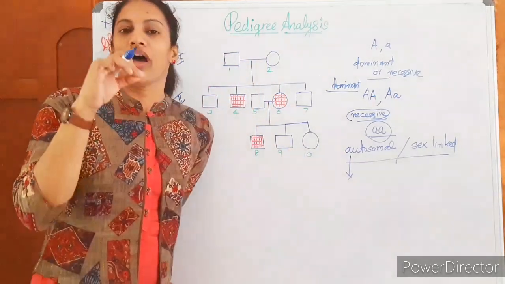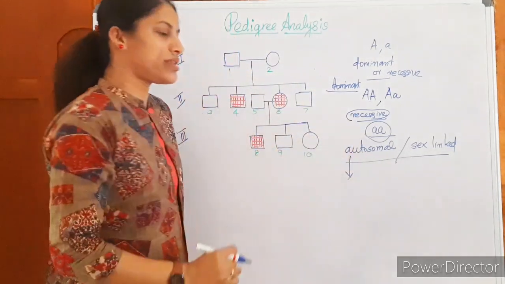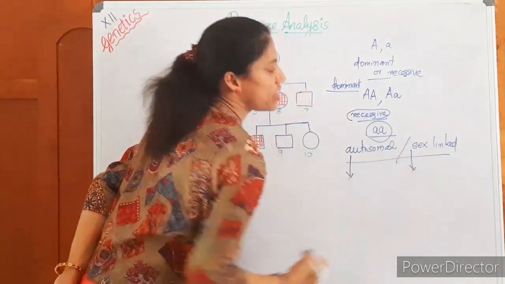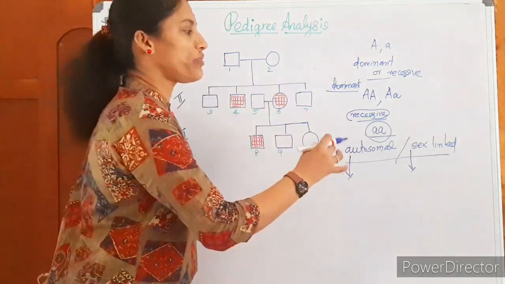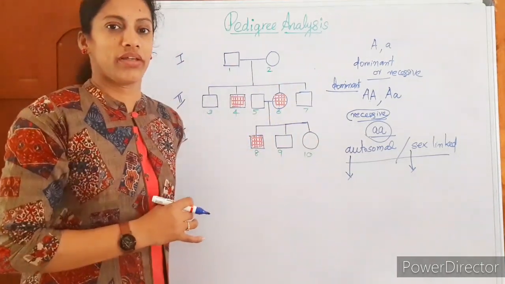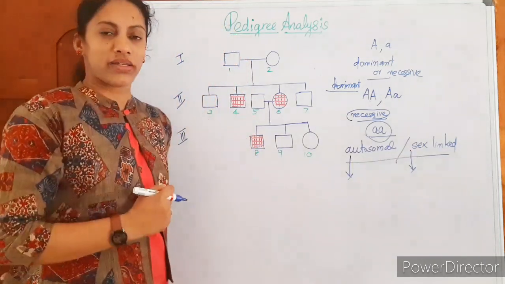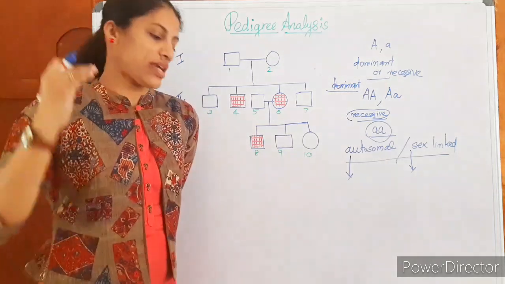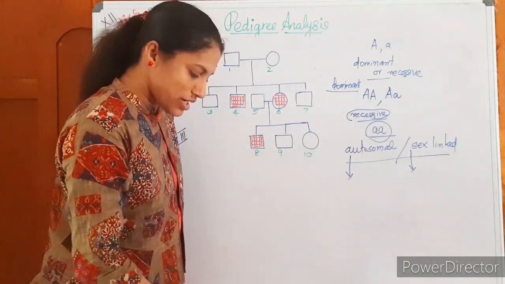If the affected gene is in the autosome, that is an autosomal disease. If the affected gene is in the sex chromosome, that is a sex-linked disease. That also we can study from the pedigree. Usually sex-linked inheritance follows a particular pattern, so we can easily study it from the pedigree. That all we will study in your higher classes.